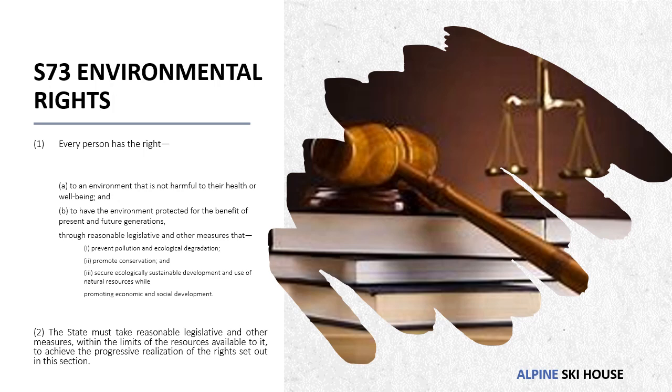Now, generally, there are two kinds of environmental rights that are there. The right of humans to have a safe and healthy environment, and the right of the environment itself not to be degraded, right? Those are the two kinds of rights.